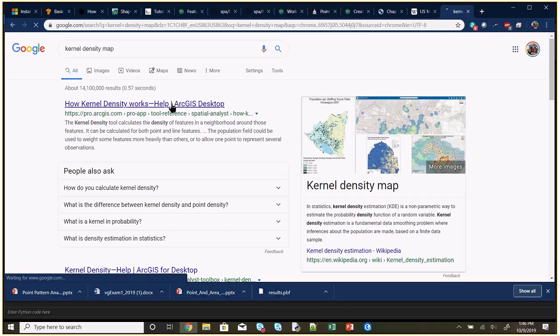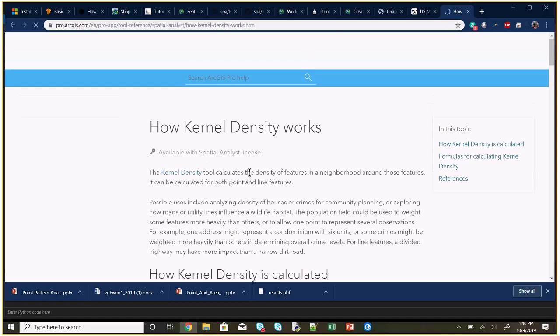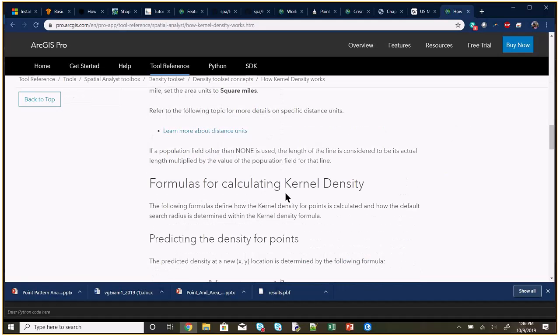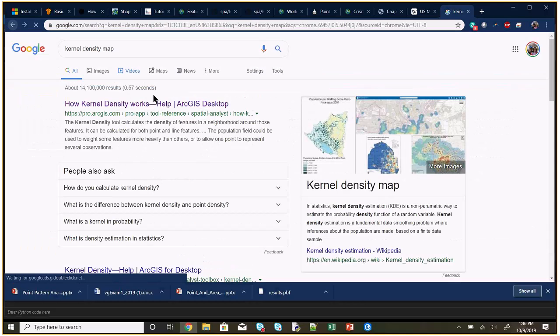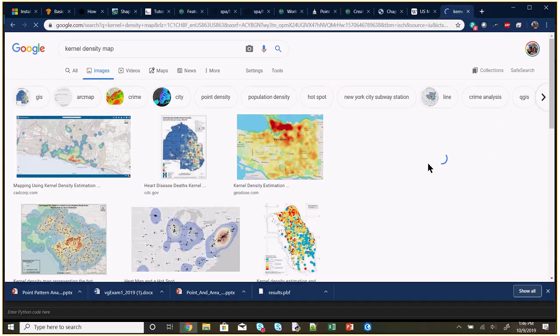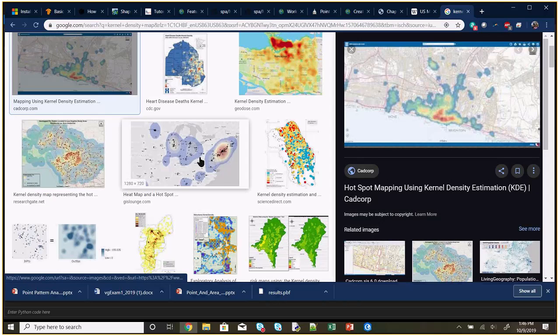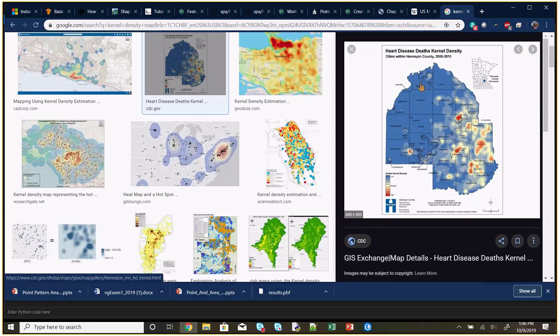Yeah. Well, this course isn't really focused on that, but I'm just going to show you an example output. Here we go. So here is a kernel density map of heart disease. You see how it's a raster, a smooth surface.